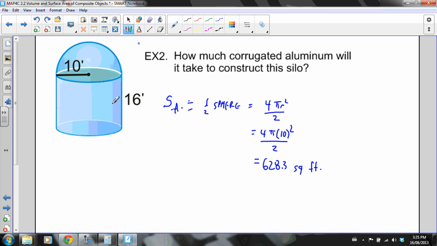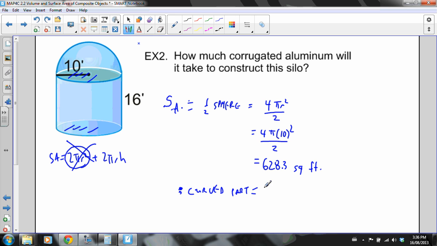But then the curved part. The surface area of a cylinder, remember, is 2 pi r squared plus 2 pi rh. But the two circles we don't need. So we don't need this part of the surface area formula at all.